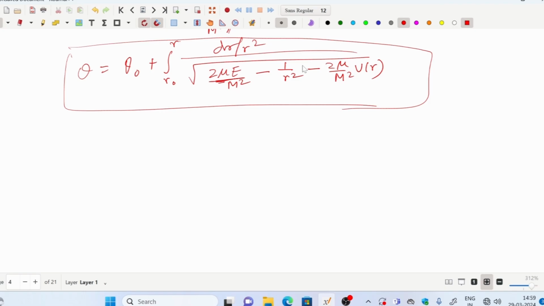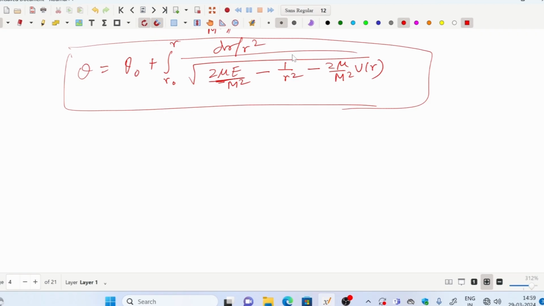But without solving this integration, we can qualitatively predict the trajectory of the particle, or the motion of the particle. For that reason, we will consider the one particle motion, and I will now discuss how one can predict the trajectory of the particle just by looking at the potential.